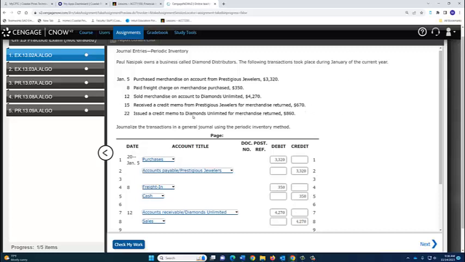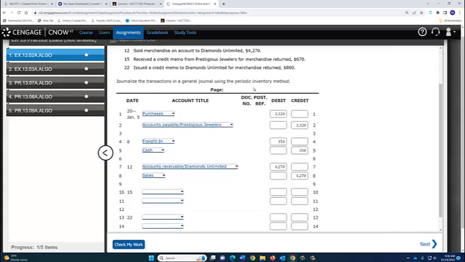On the 15th, we received a credit memo from Prestigious Jewelers for merchandise returned. Okay, we returned this merchandise that we purchased back to Prestigious Jewelers. So we're going to have a purchase return. So to enter that, we're going to decrease our accounts payable.